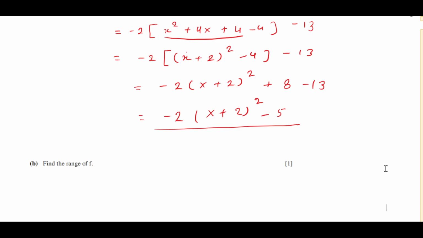Okay, find the range, na? Now see, the value of x is less than minus 3. So let us first talk about if I take x as minus 3, then what answer I will get?